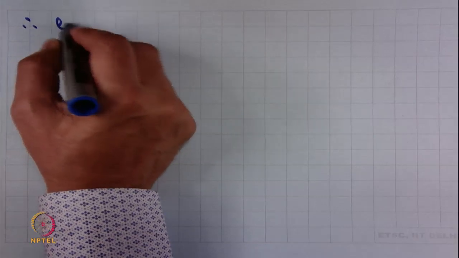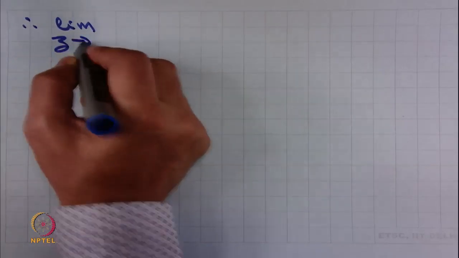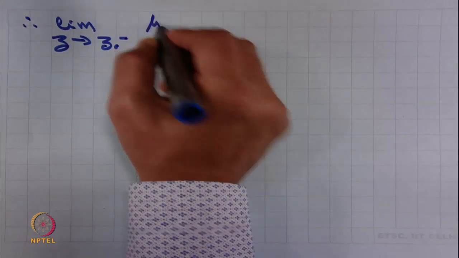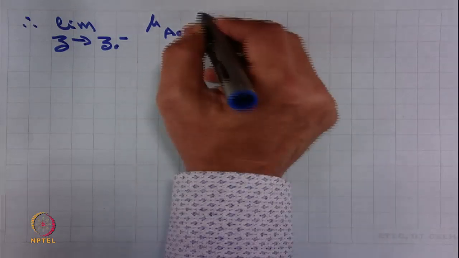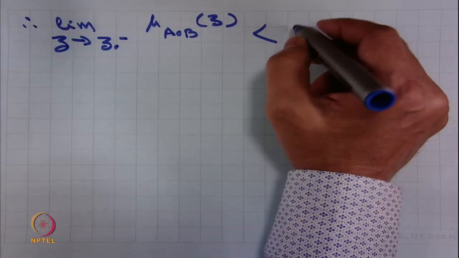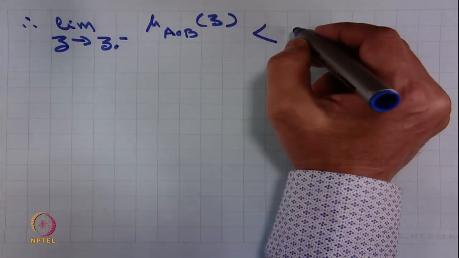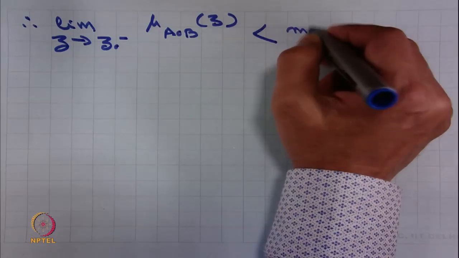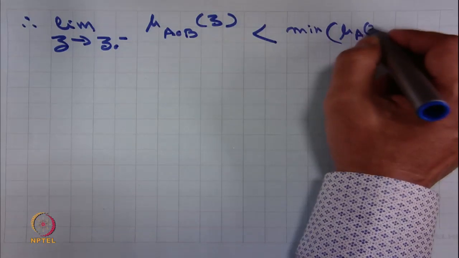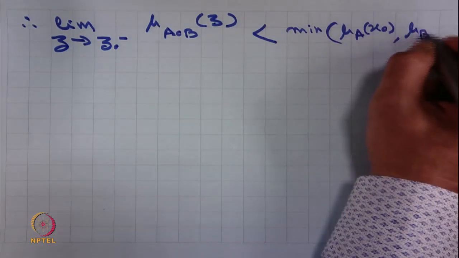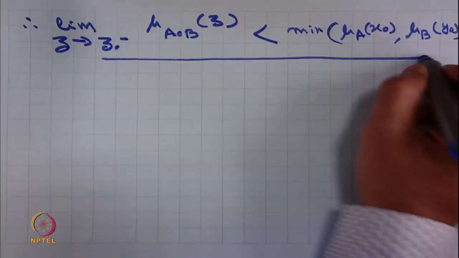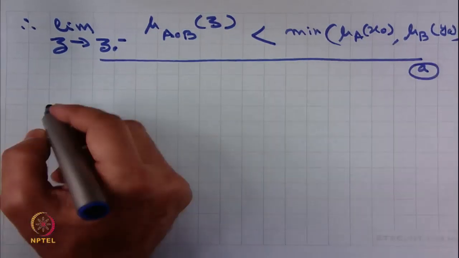Therefore, limit z goes to z naught minus of mu A of B of z is strictly less than minimum of mu A of x naught and mu B of y naught. So, we establish one inequality, let us call it A.